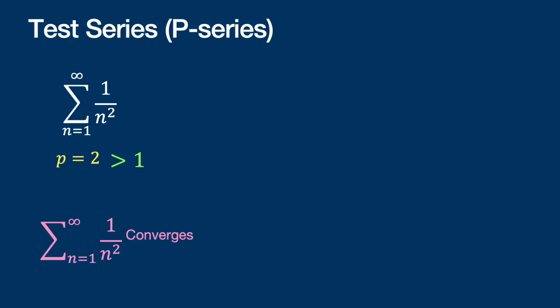Let's have the first example for these P series, guys. The P series I give here is 1 over n². The P value is 2. P is greater than 1, so this series converges. Okay? That's the P series. Another one: summation of 1 over the square root of 2n. The power is what? P is 0.5.